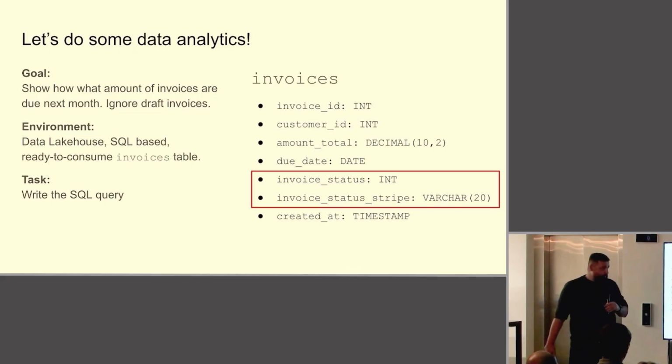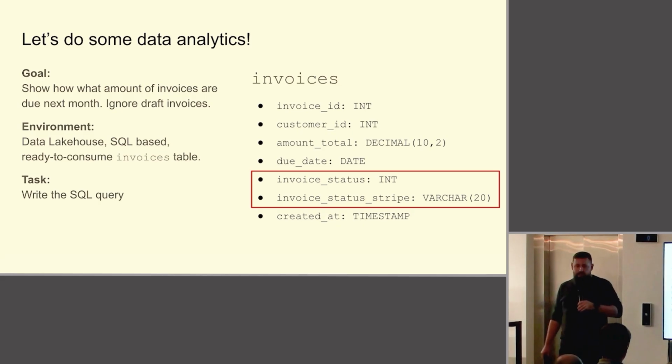So to do that, you look into your invoices table, and the reality is that you realize that there are two invoice statuses. There is one invoice status from Stripe that has the actual value, let's say draft or sent. You also have an invoice status that's actually an integer from 0 to 4, and you have no clue what that means.